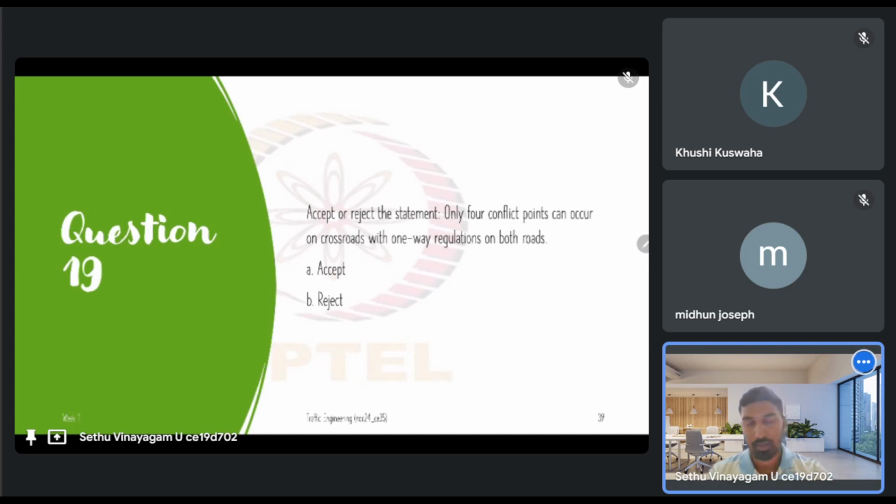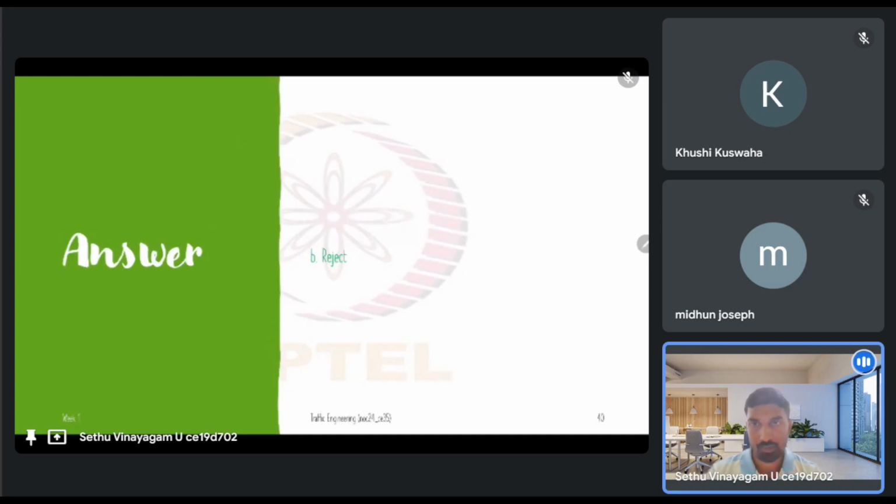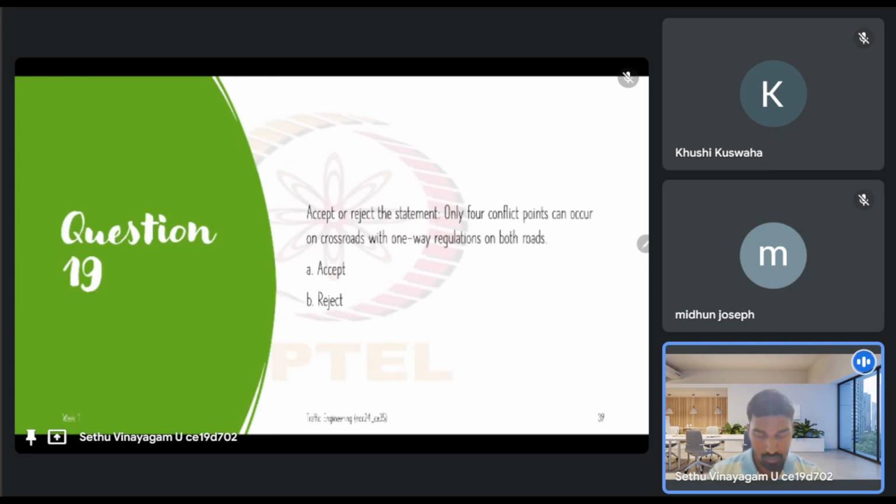Okay. So the right answer is option B. We reject the given statement. Why? Because when you have one-way regulations on a four-leg intersection, you will have not four but six conflict points, right? So we'll have six. Therefore, we reject the given statement, right? So four is not the right answer.